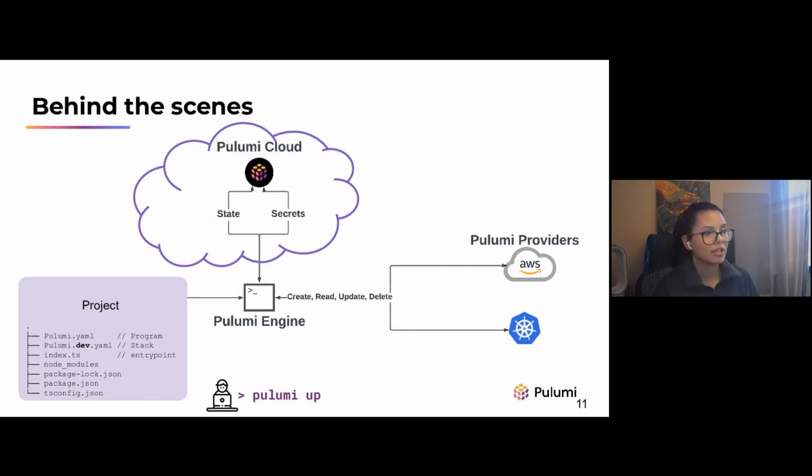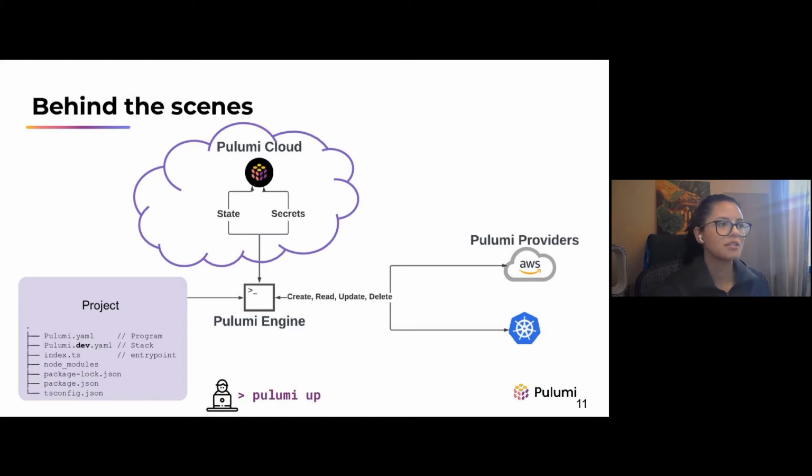If you are using TypeScript, we are going to be using NPM modules for the package manager. Because we're using programming languages, we leverage the language's native package manager. So we go ahead and download those NPM modules which have our AWS provider in this scenario. And it's going to start provisioning the resources that you have specified in your Pulumi program.